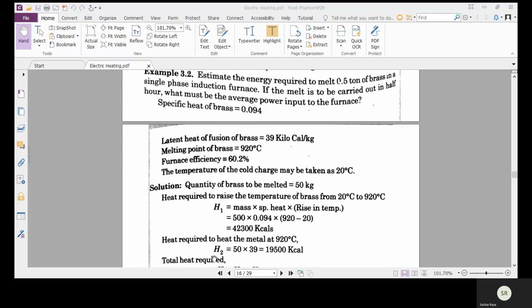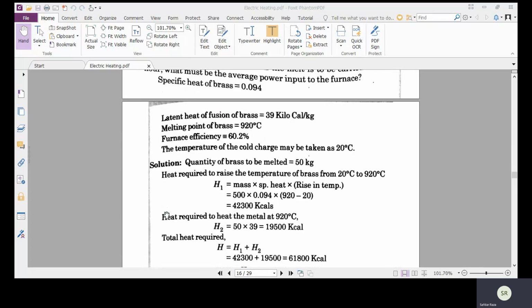So here we say that H2 is equal to M multiplied by the latent heat of fusion of brass, L. M is 500 multiplied by 39, the latent heat of fusion of brass, which is 39 kilocal per kg. So the heat required for the charge to be in molten state is 19500.